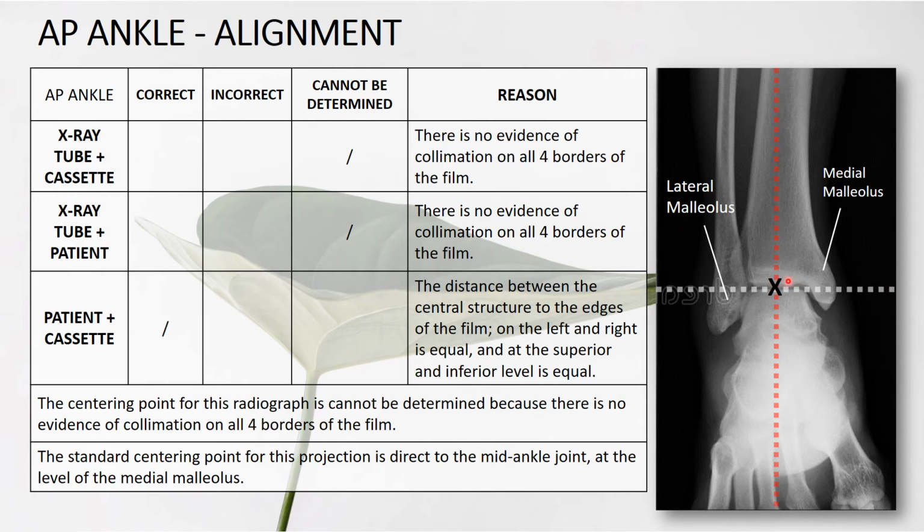The standard centering point for this projection is directed to the mid-ankle joint at the level of the medial malleolus. As you can see here, we palpate at the medial malleolus level because the lateral malleolus is much more inferior to the medial malleolus. So the CR or centering point is at the level of the medial malleolus.